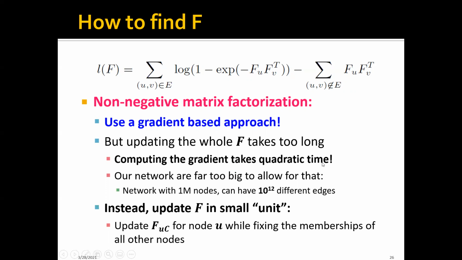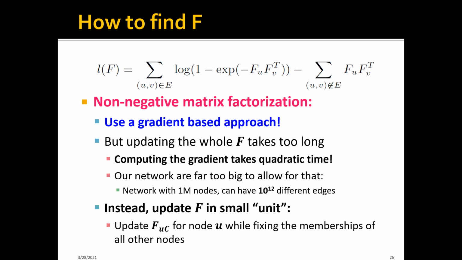Let's say that we have n nodes, then basically the time will be n squared. And usually our networks are far too big to allow for that. Let's say that you have a network of 1 million nodes, and that can basically have 10 to the power of 12 different edges, and computing this is very, very expensive.